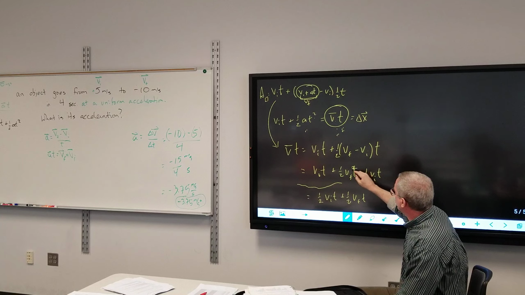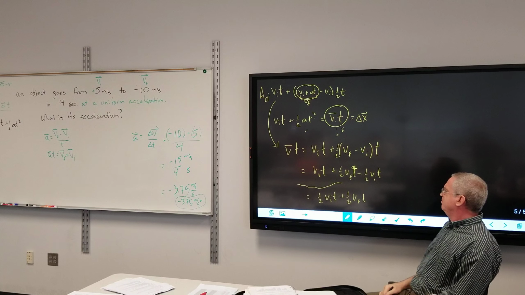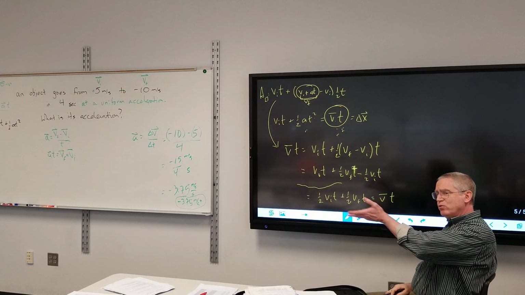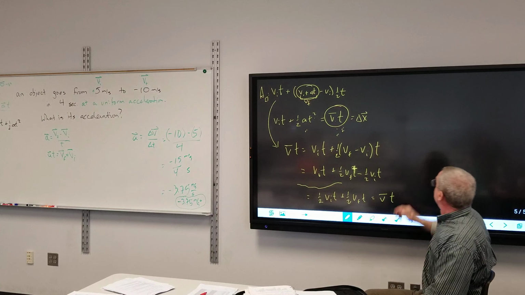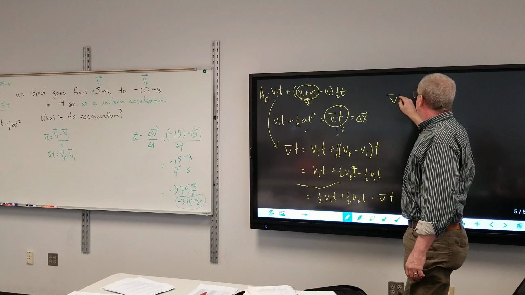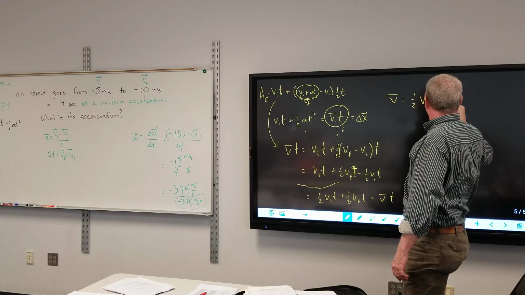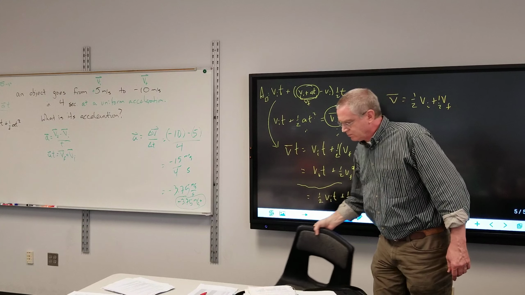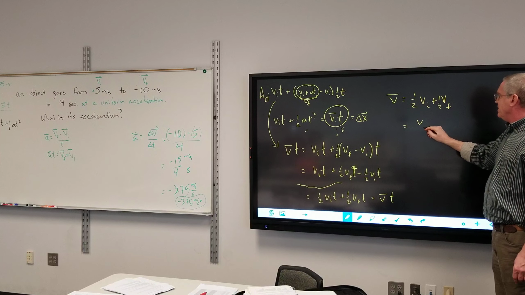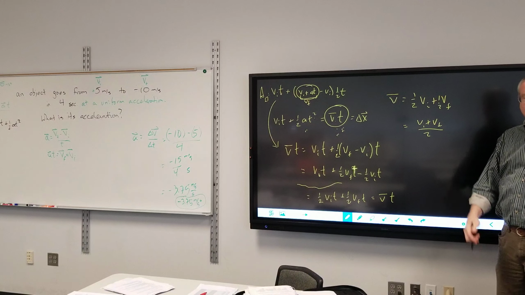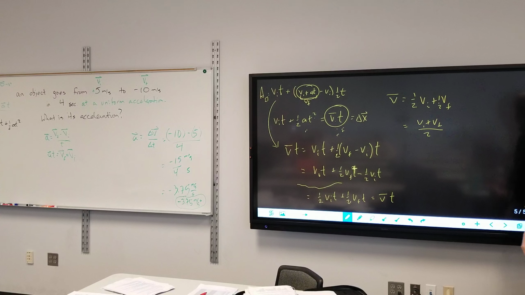That should be a t there, not squared. Which is v average t. If I divide through by time, time drops out, and I'm left with v average is equal to 1/2 v_i plus 1/2 v_f, which is just v_i plus v_f divided by 2. It's just the average of the first and the last one, if acceleration is constant. Which is basically what several people did.